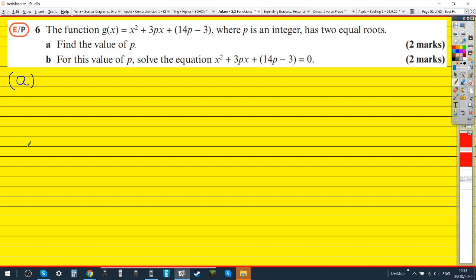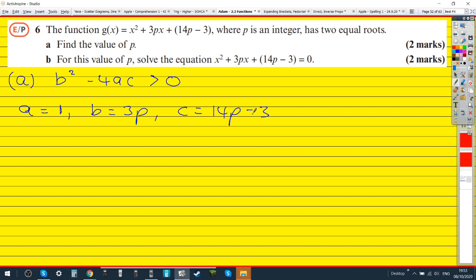So, 2 equal roots would be b squared minus 4ac is greater than 0. And then we know that a is 1, b is 3p, and c is 14p minus 3.